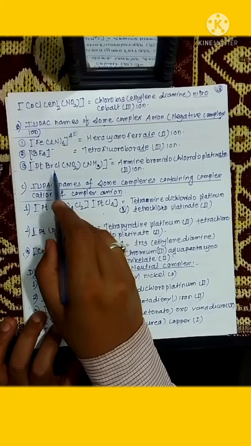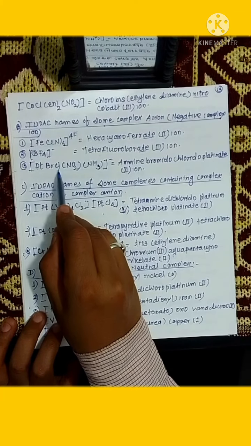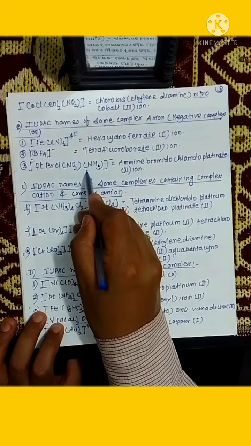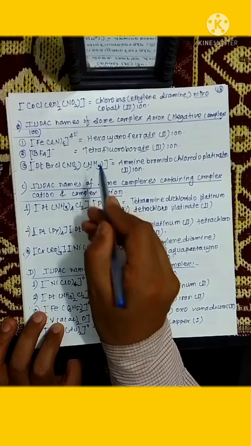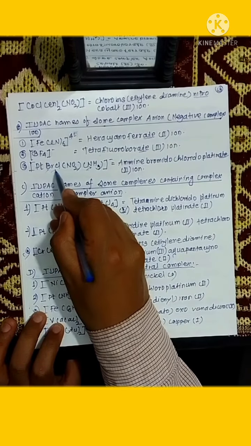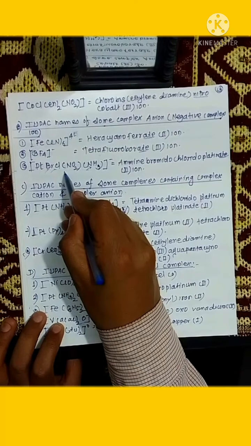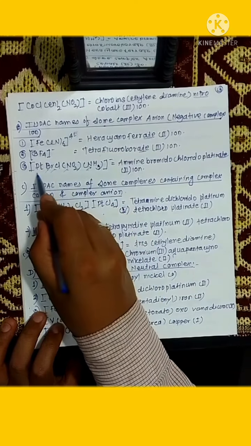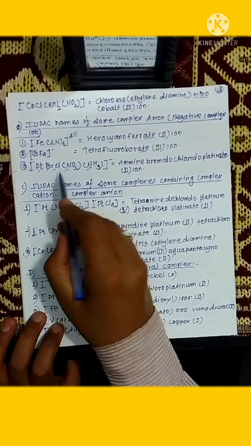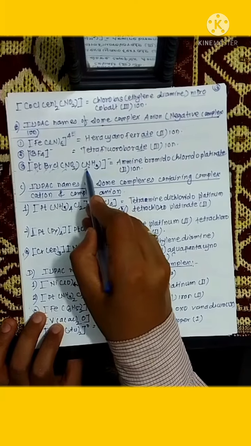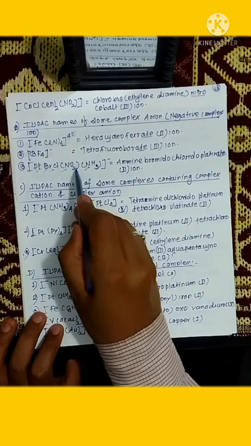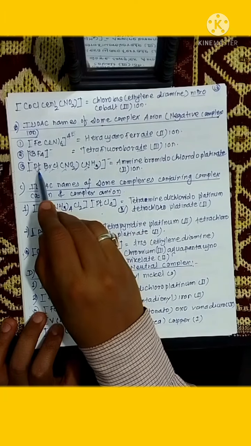In this case, firstly ammine is written because alphabetical order is followed, then bromine is written, then chlorine, then nitro, and lastly the metal name is written with its oxidation state. So the name of this complex is ammine, bromido, chlorido, nitro, platinum.